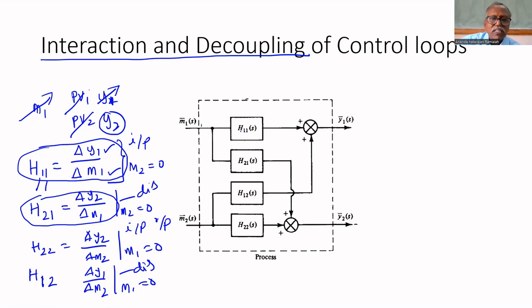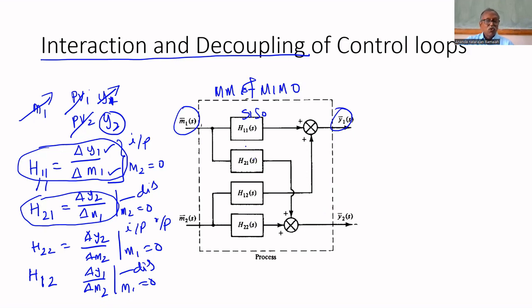So if you find all these models, we can obtain the mathematical model of the MIMO process. This is the mathematical model of the MIMO process in terms of SISO processes. Each one is SISO. H11 is one SISO, this is another SISO. If you consider M1, Y1 as one process, you will get H11. If you consider M1, Y2 as another process, you will get H21.